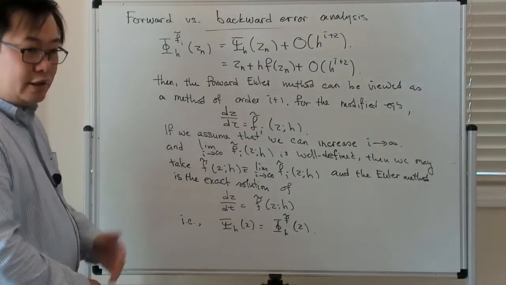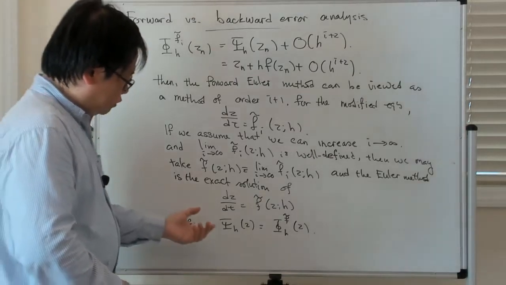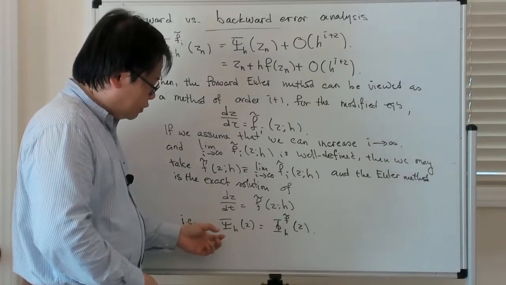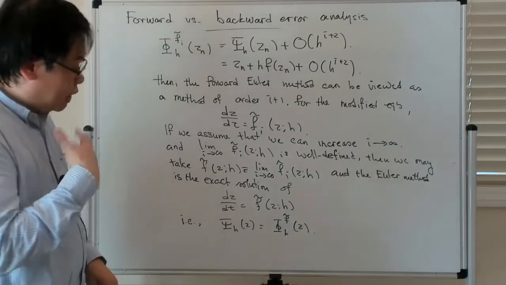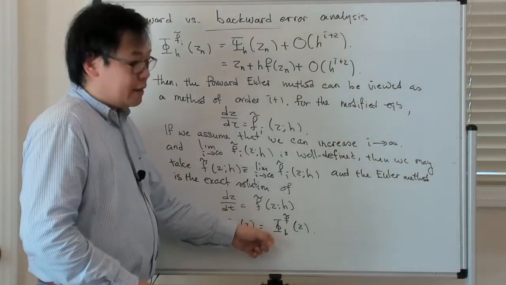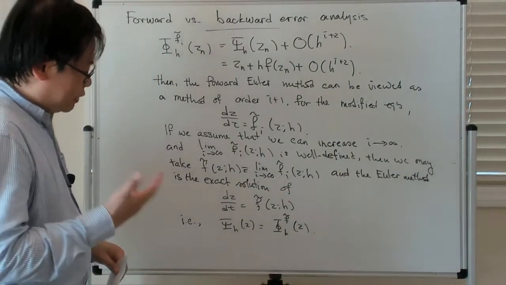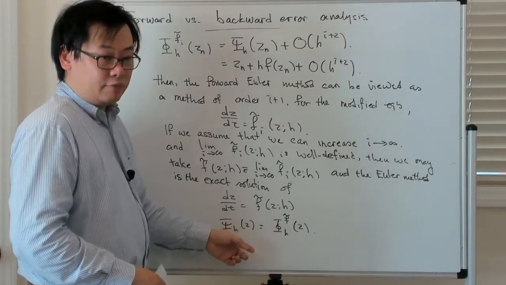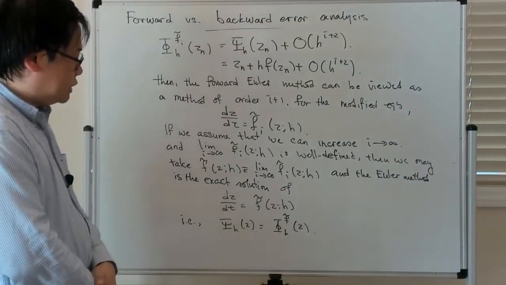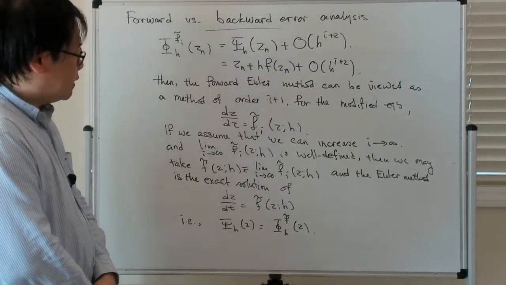That's really just part of life, because not every single map is the time h flow of a vector field. As a consequence, there is a gap between time h flows of vector fields and maps like this. So you don't necessarily expect all of these asymptotic series to converge.